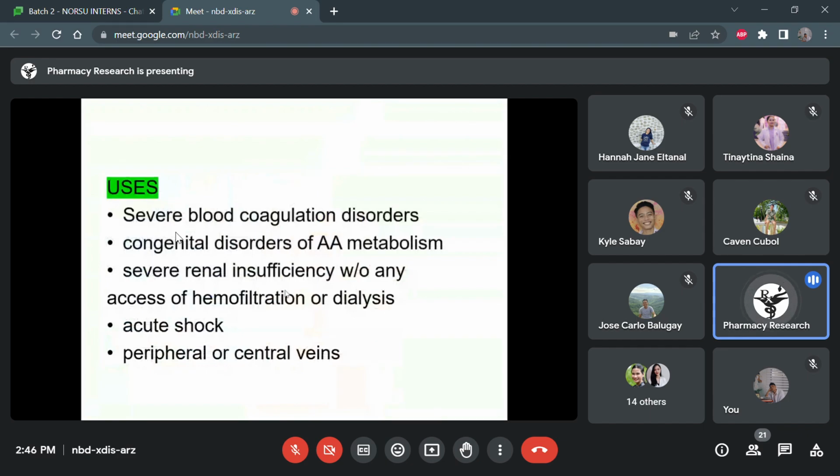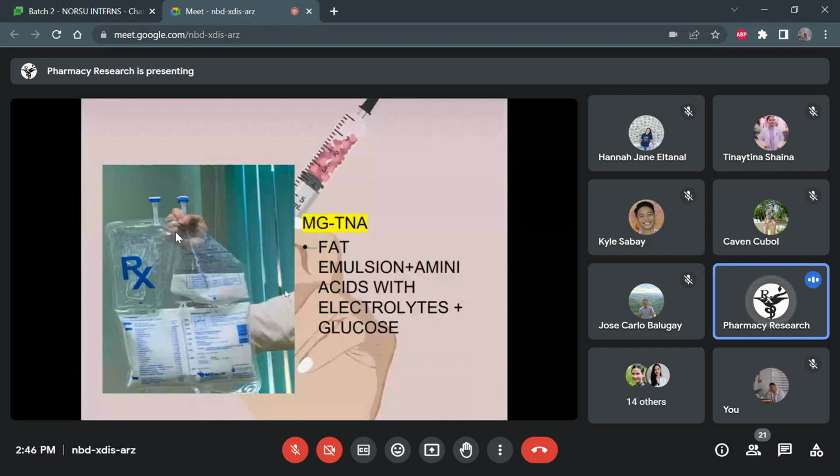So, ang uses ani is mga severe blood coagulation disorders, congenital disorders of amino acid metabolisms, severe renal insufficiency without any access of hemofiltration or dialysis, acute shock, and for peripheral or central veins. So, kaning MG10A pwede siya as quicker sa peripheral or central veins depende na ni sa doktor.